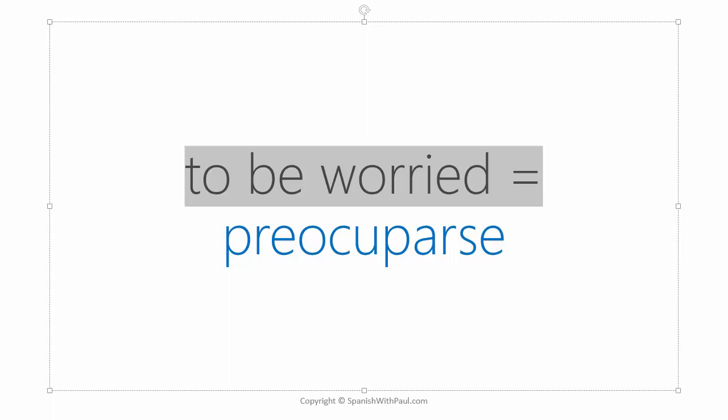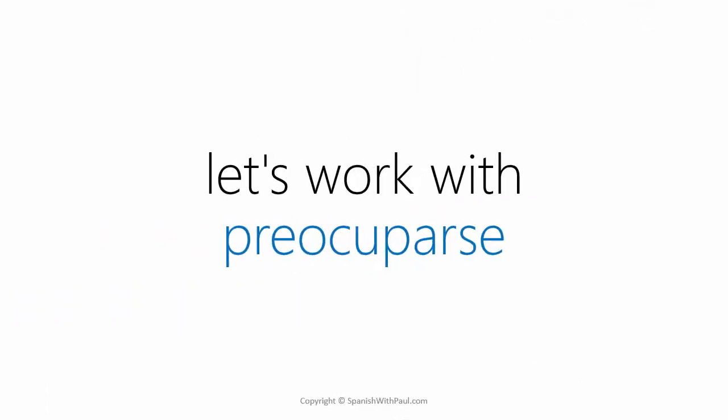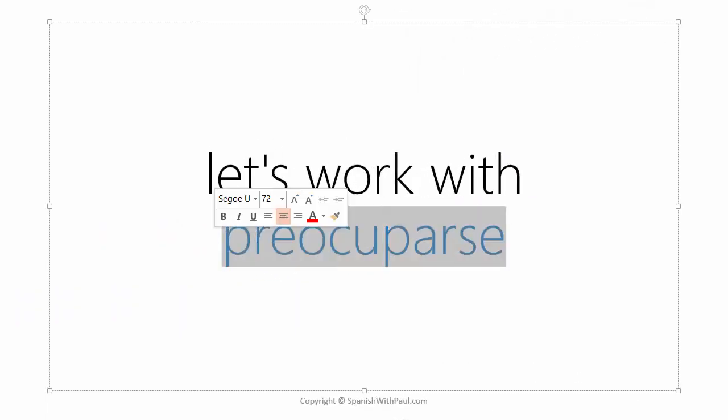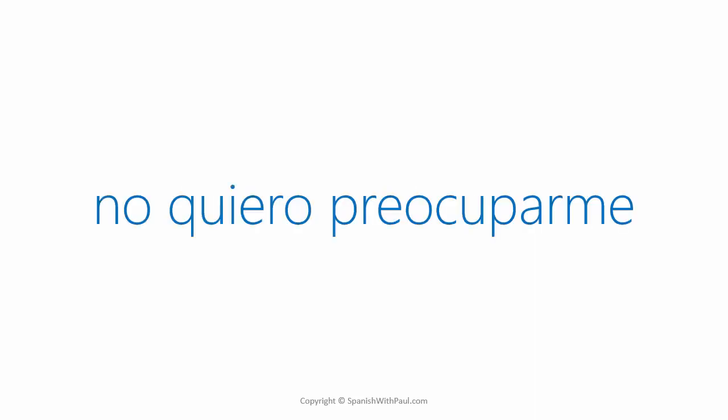So this is why it feels alien at first, but you'll soon get used to it because reflexive verbs are absolutely everywhere in Spanish. Let's work with this verb, preocuparse, to be worried. Try to say, I don't want to worry. No quiero preocuparme.